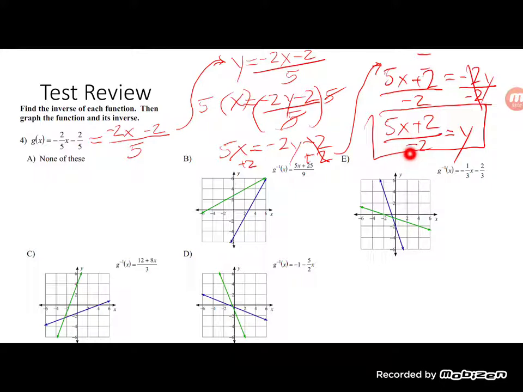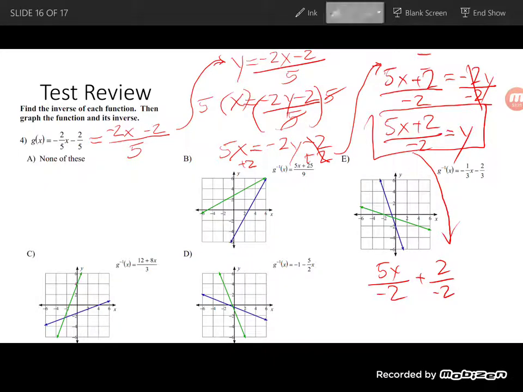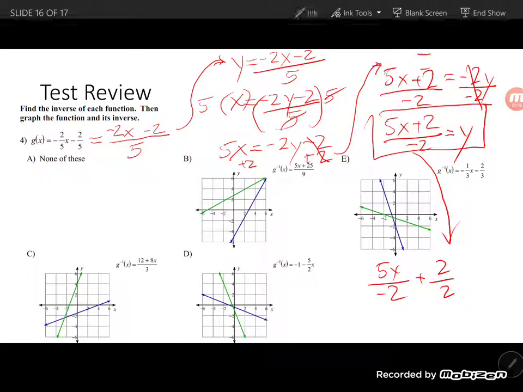You look at this and you might not quite see something that looks like this, but the thing is, there's something that is equivalent to this in here, right? So if you don't at first see this in here, you want to think, is there another way to rewrite this? And it actually turns out there is. Because if we split up 5x over negative 2 and 2 over negative 2, I have a fraction, I can go ahead and split it up.